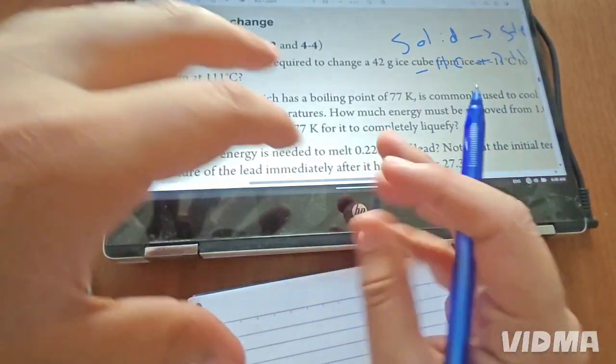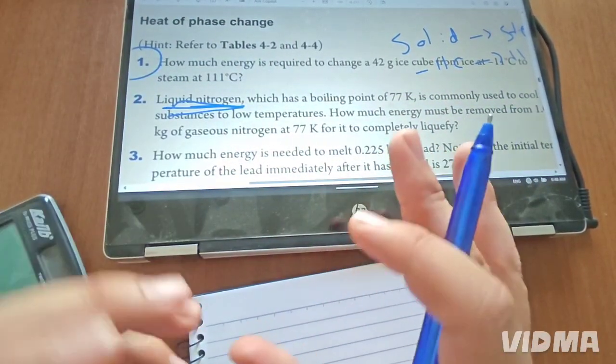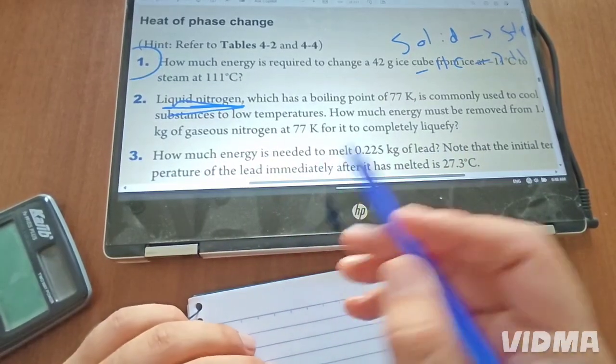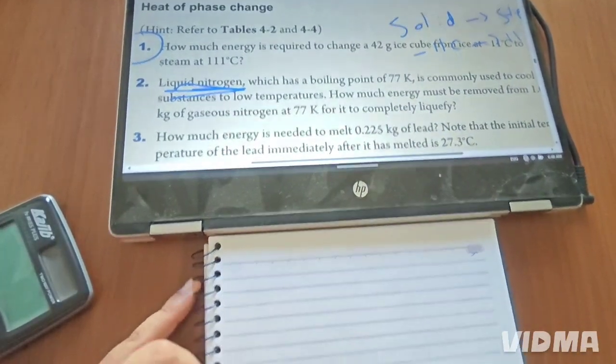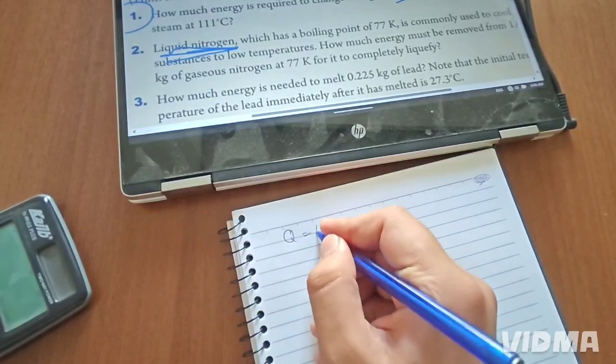First of all, the question talks about the state of gas and vaporization. Because it is vaporization, you have to immediately think about mLV.